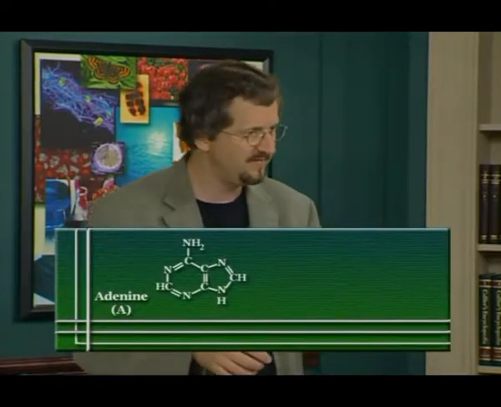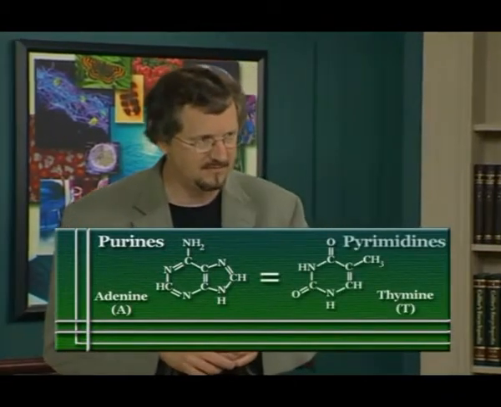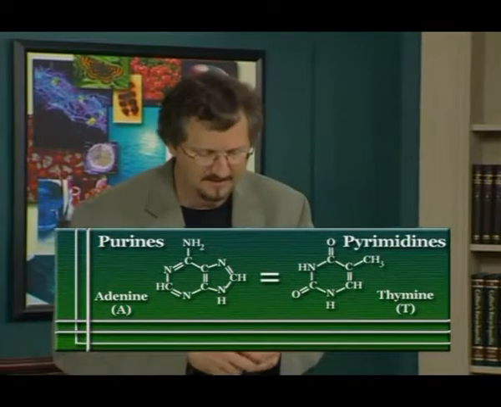You always found that the amount of the base adenine, which is a kind of a purine, always equals the amount of the base thymine, which is a pyrimidine. Remember, that's a double-ringed and a single-ringed one of these nucleotides we talked about last time.